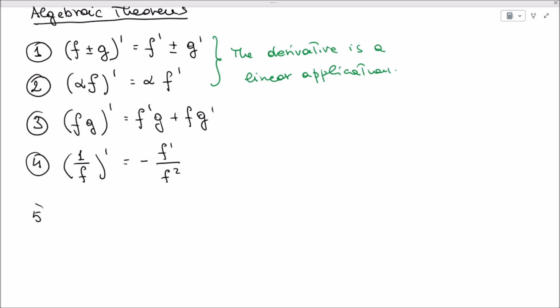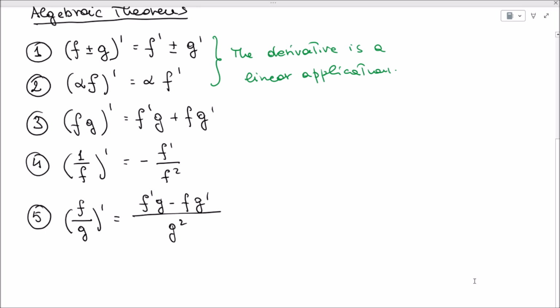And 5, the derivative of the ratio f divided by g is equal to a fraction with g squared at the denominator, and then we have f prime g minus f g prime.